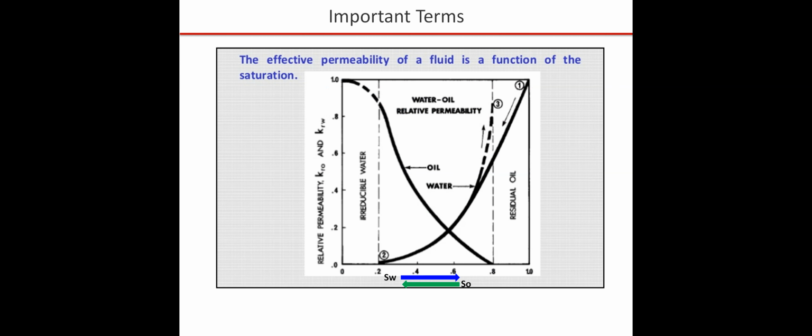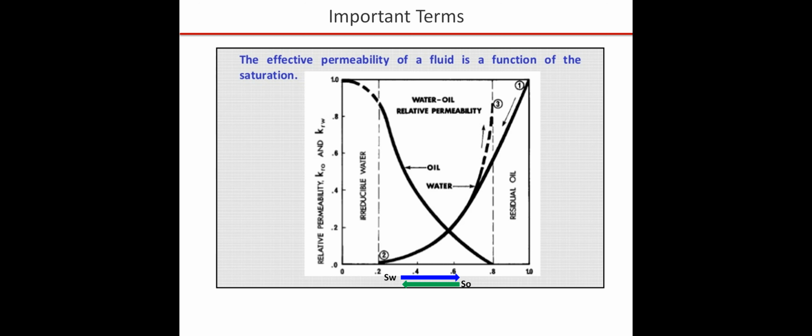Relative permeability, a very important term which we will be encountering in the fractional flow, is a dimensionless number. You can see from the y-axis the relative permeability to oil and water, and the endpoints. The SWI is the blue, increasing saturation of water, and on the reverse is the decreasing oil.